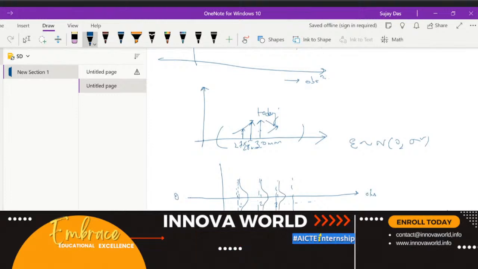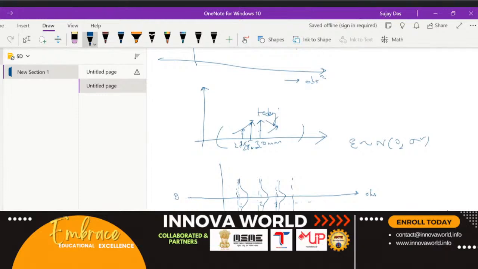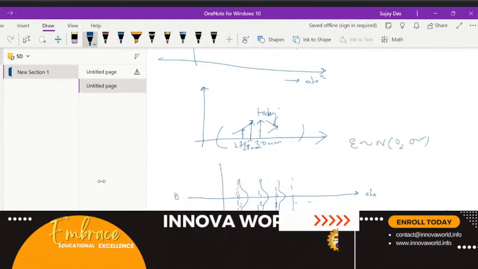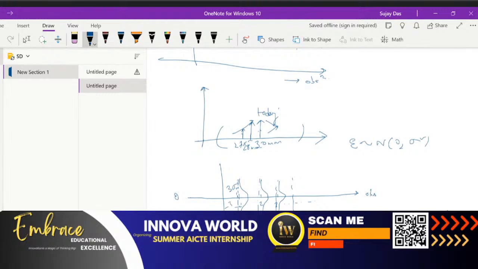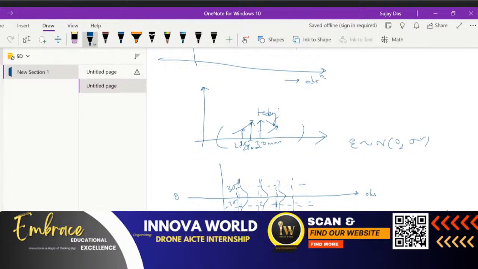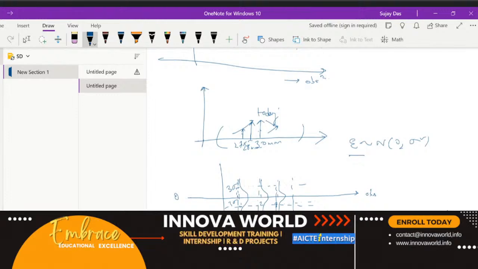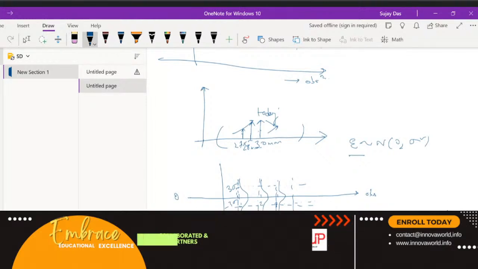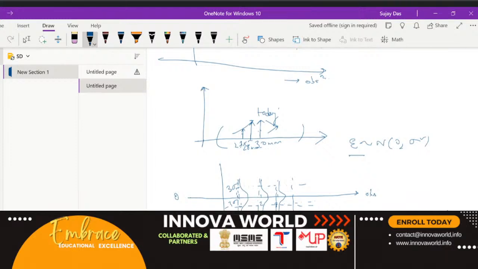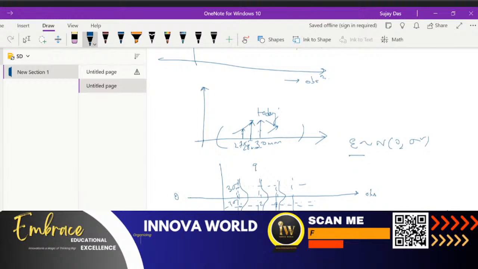As we know, for the normal distribution, within the minus 3 sigma and plus 3 sigma limit, 99.73% of the data points reside.